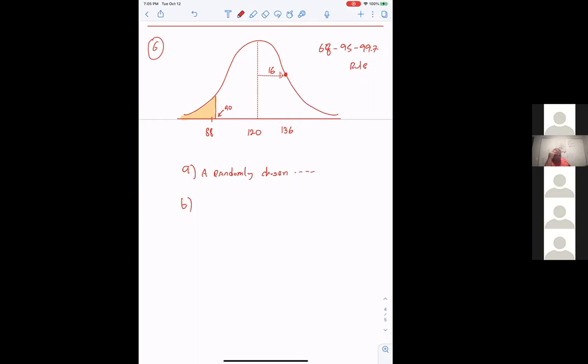You guys remember that rule? Yes. So let's do it. So I think on the 88, it's 95% because it's 2 standard deviations away. Okay, so it's a little bit less than that. So what's your answer?